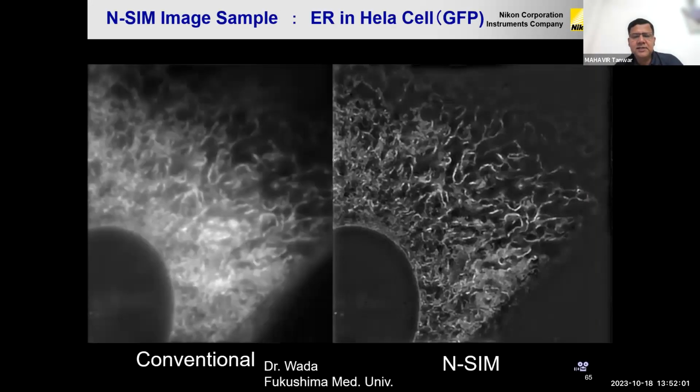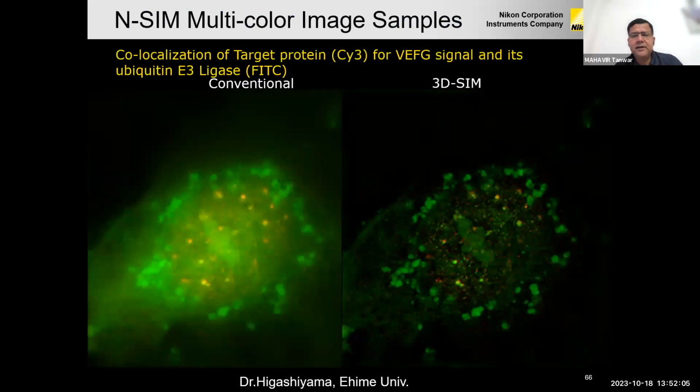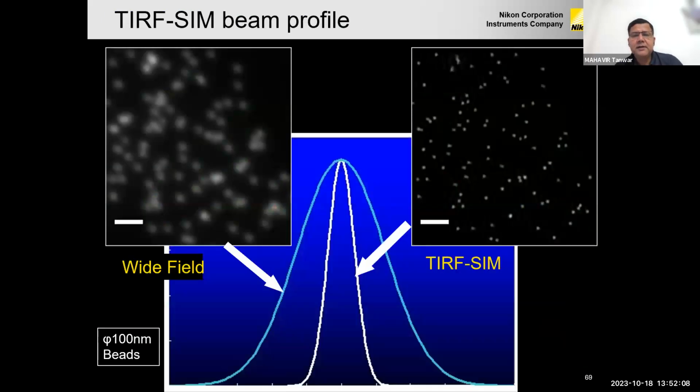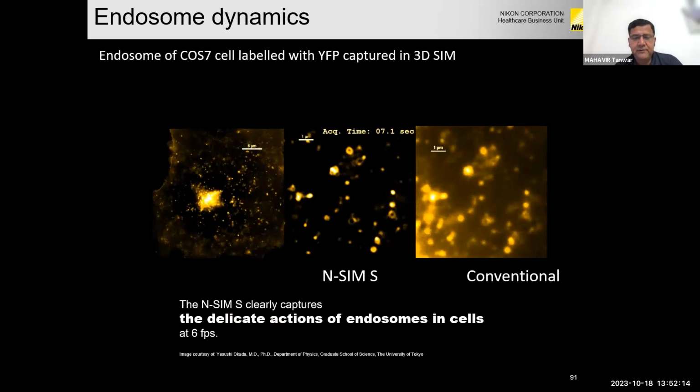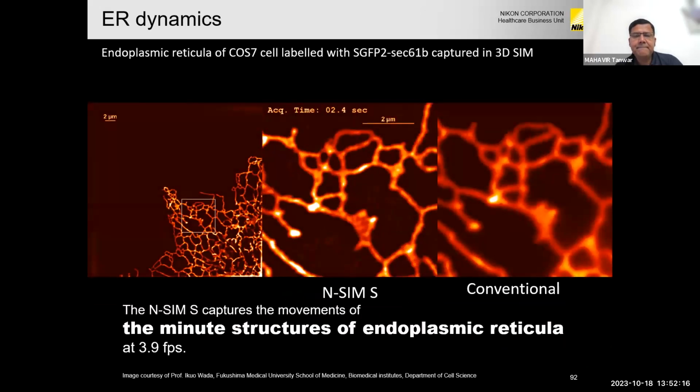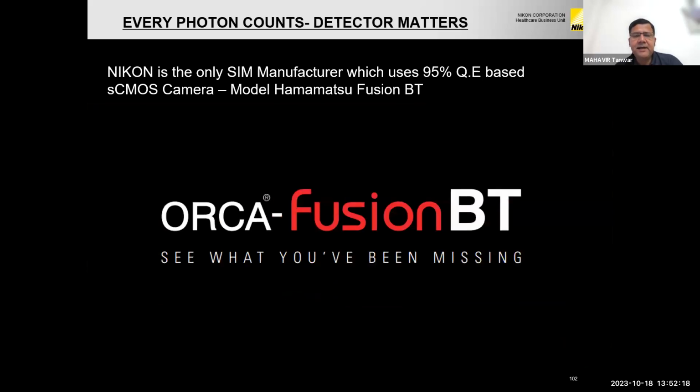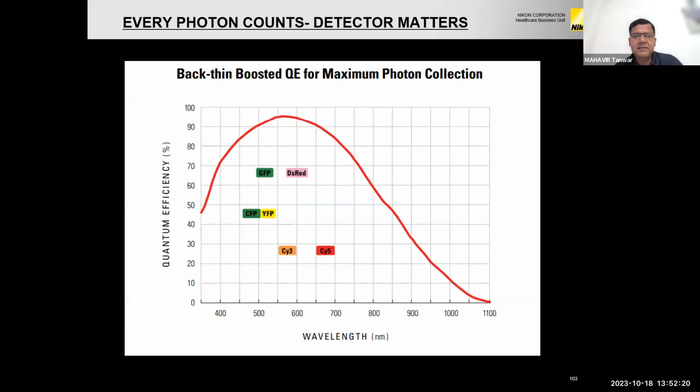So just an example, conventional and SIM, you can see left and right, big difference. Yeah, so this is quite well done. You can perform live cell imaging with SIM. And the camera used in SIM is basically, again, sCMOS, which is around 95% QE.